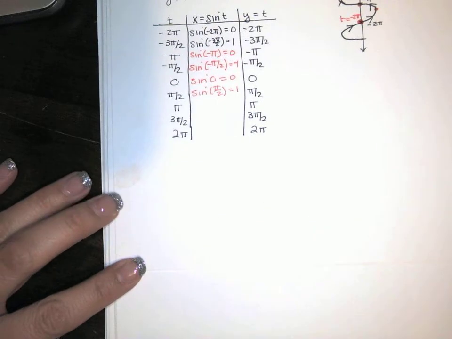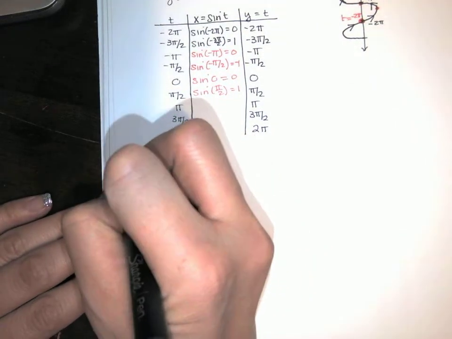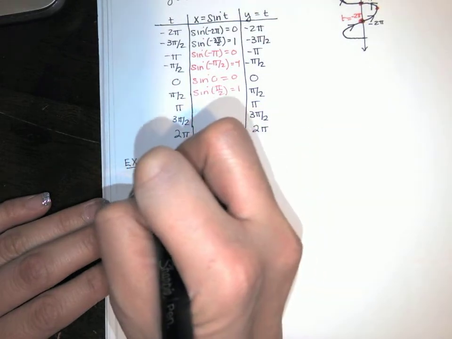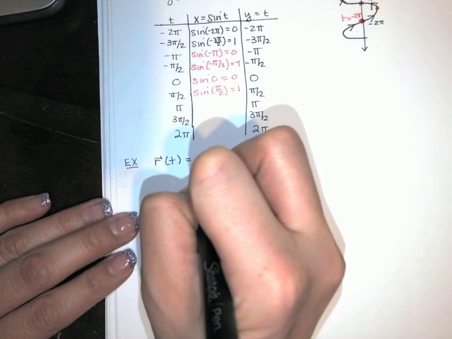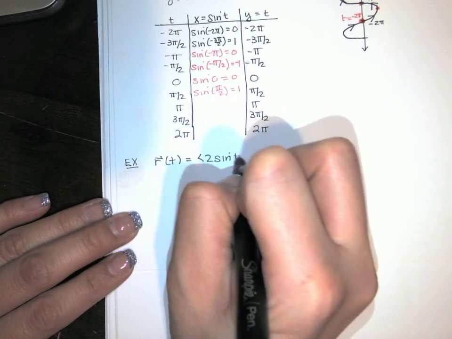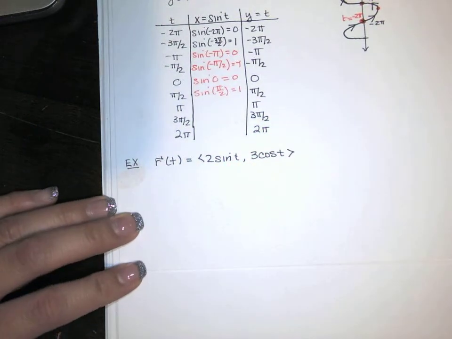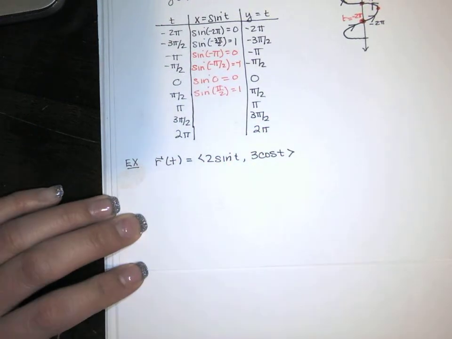Here's another example of a plane curve where it's not as easy to eliminate the parameter t. So let's say you've got r of t equals 2 sine of t and 3 cosine of t. And maybe this time they give us a restriction on t.